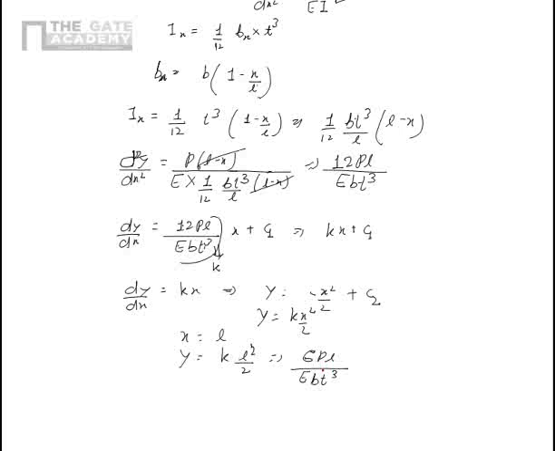Now recall the value of deflection for the cantilever beam of constant cross section, which was PL³ upon 3EI, which is nothing but PL³ upon 3E into 1/12 b t cube, right? So that becomes 4 PL³ upon E b t cube.